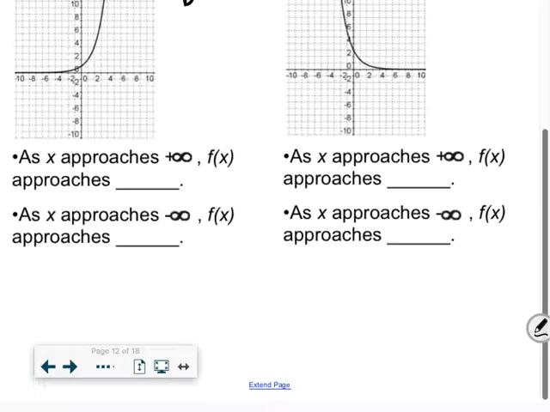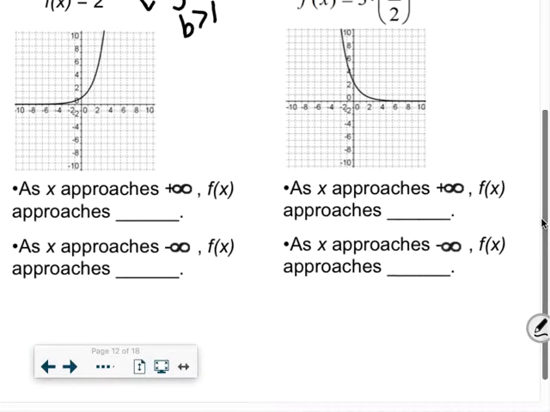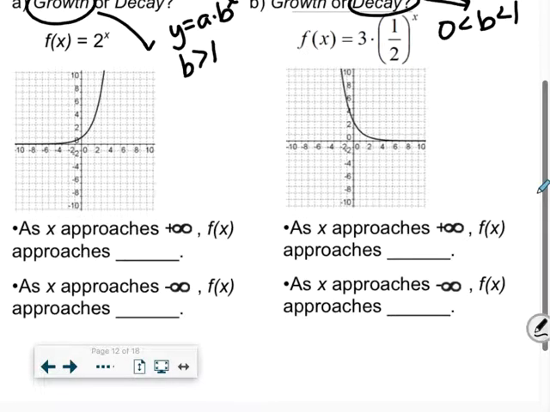All right, so we're going to talk about something called end behavior. Remember we did end behavior in chapter 5. It says, as x goes to positive infinity, as I move to the right, where does the graph go? Up. When x goes to negative infinity, where does it go? No, it doesn't go down forever. What's the y value it's going towards?